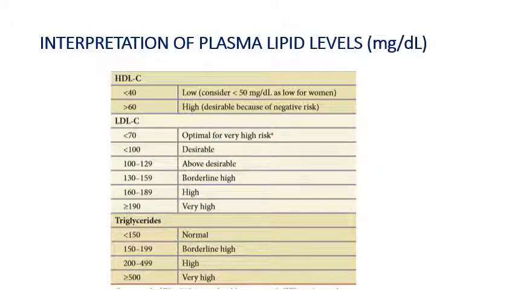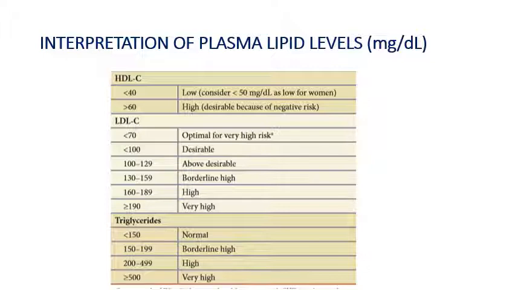And this is the interpretation of various plasma lipid levels according to the NLA guidelines, National Lipid Association guidelines. HDL less than 40 is considered as low, more than 60 is considered as desirable.